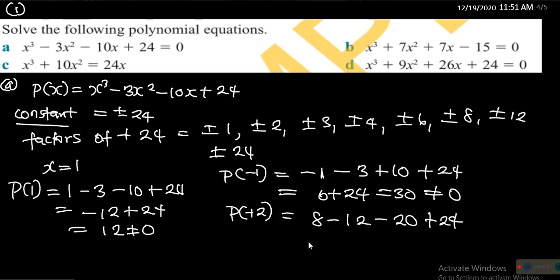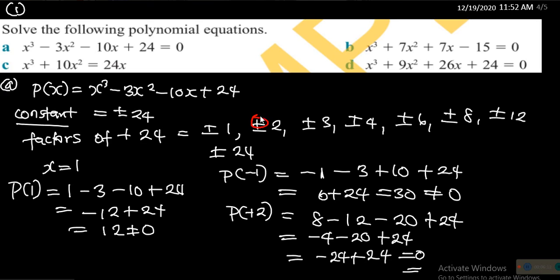Okay, so 8 minus 12 is minus 4, minus 4 minus 20 plus 24. Okay, and this is minus 24 plus 24, which is 0. Yeah, so we can take this one as a factor. So we are taking x minus 2 as a factor.